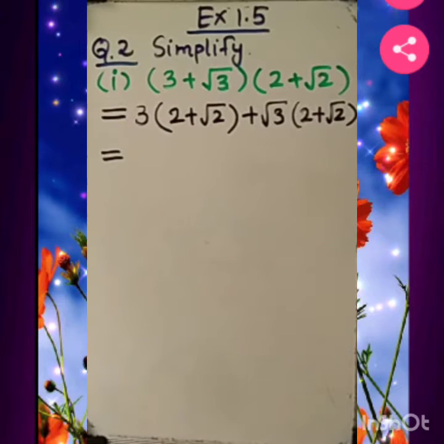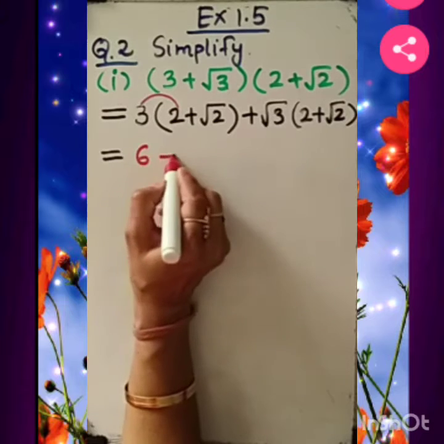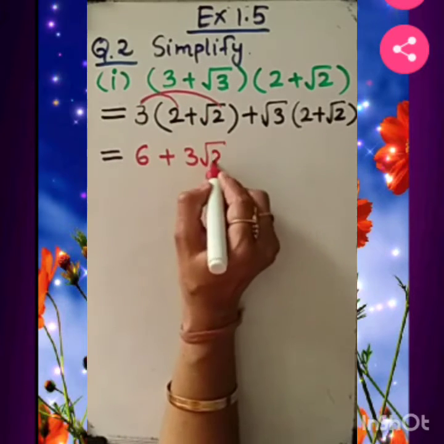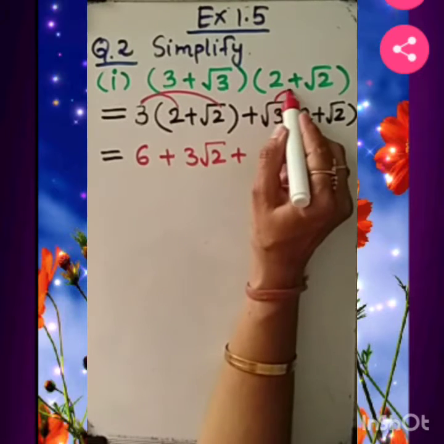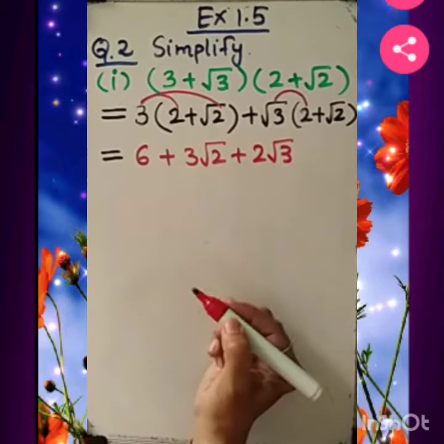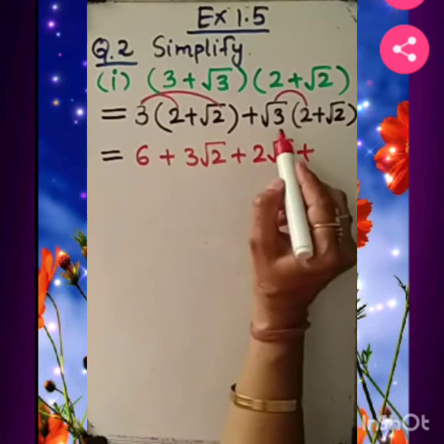Then we know that we need to multiply 3 by 2, 3 twos are 6. What about this? This is 3 root 2, plus root 3 into 2, it gives the result 2 root 3. Plus, what about this? Because it is new for you, look at your screen.